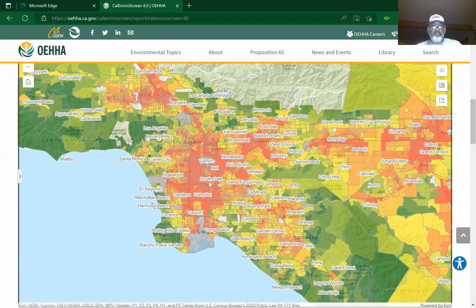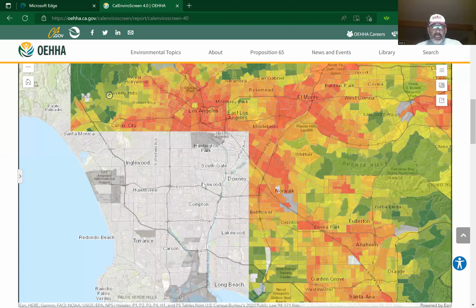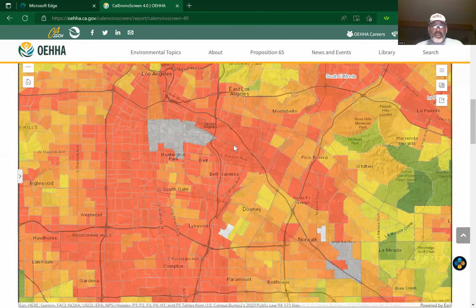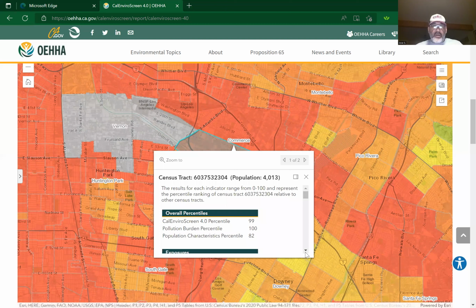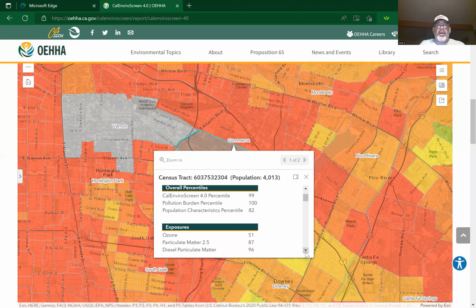So let's zoom in a little bit more and we're gonna just pick somewhere. We'll pick Commerce. And see, if you zoom in enough down to the census tract, you'll get a thing come up with some information, right? And so that tells you right here, this census tract in Commerce is in the 99th percentile, which means only 1% of other census tracts are worse.